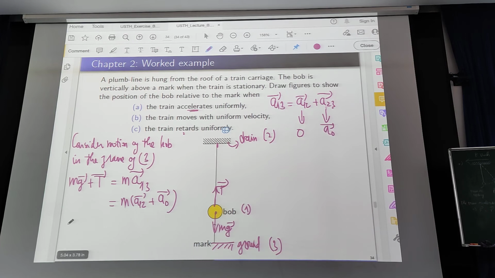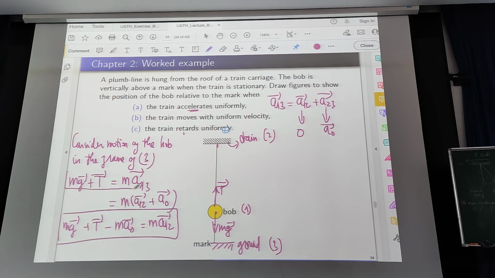So from here I get mg plus T minus mA0 equal to 0, but originally it is mA12. So what does this mean? What is the difference between this and this?